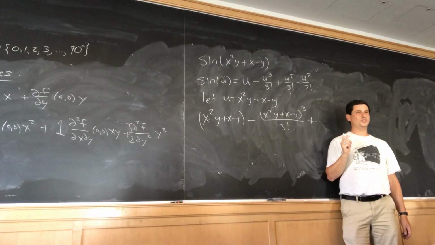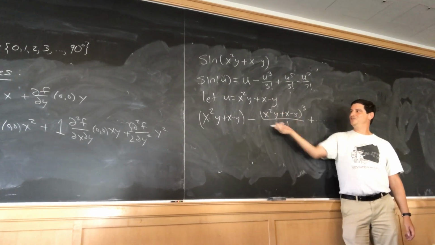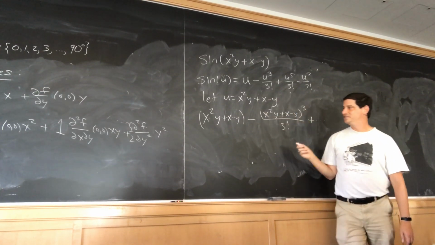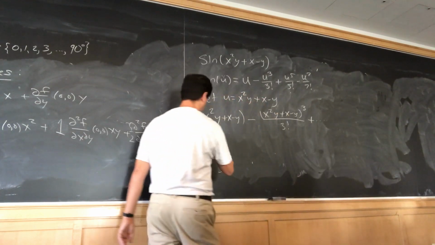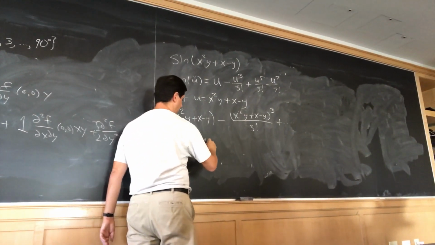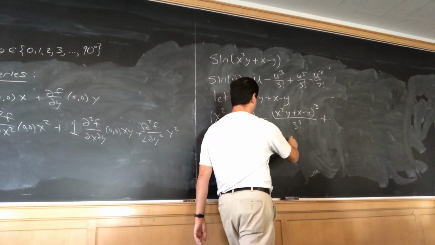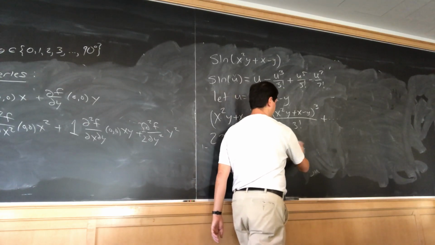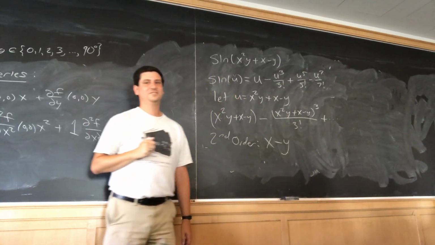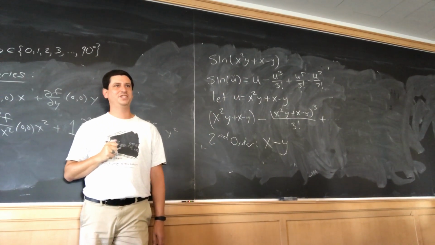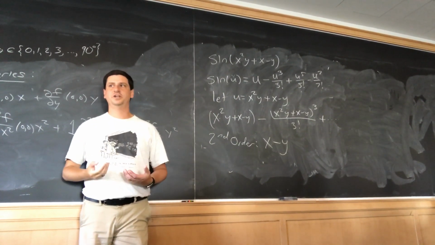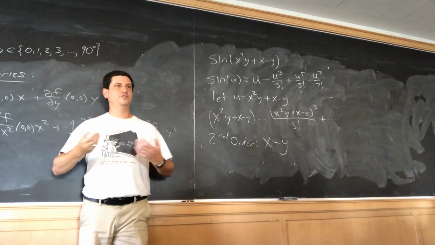If I want the second order Taylor series expansion, do I even need to use any of these terms? No. Second order Taylor is just going to be x minus y. Actually, that's it. That would be the second order Taylor series expansion. Much faster than using the partial derivatives and the expansions.